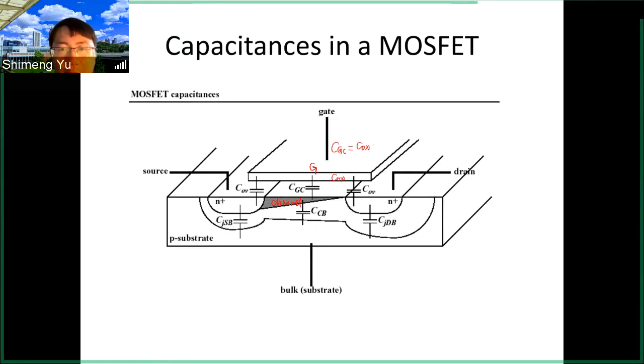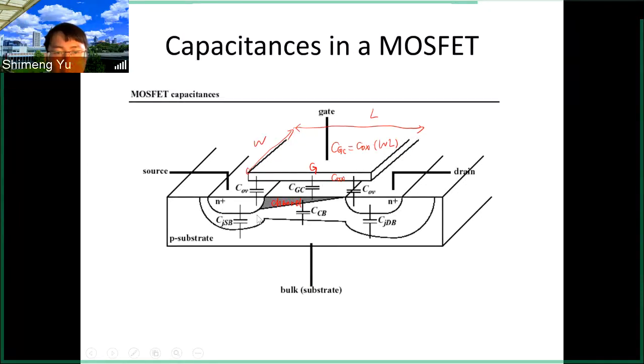What is the area of the gate? You have the W and you have the L. So the area of this gate is W times L. That is the primary capacitance we have in the MOSFET structure.